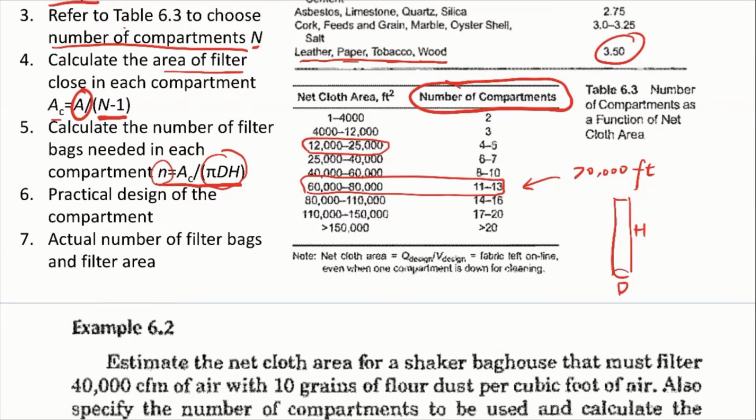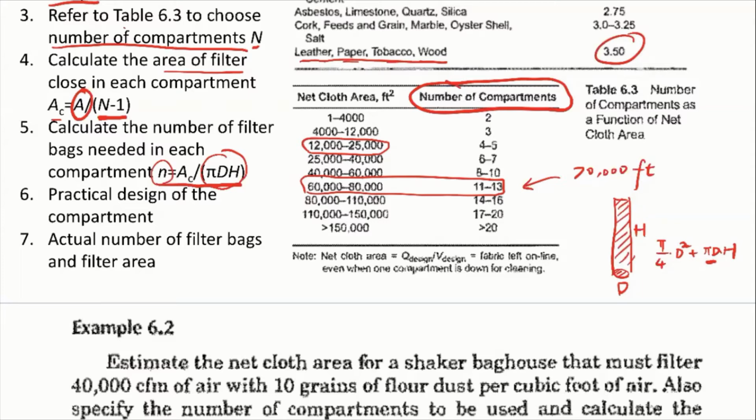So we know that the area of the filter bag is going to be pi over 4 multiplied by D squared plus pi D multiplied by H, right? That is the area at the bottom and also the area at the side. For the side area, that is the circumference of the circle multiplied by H, right?